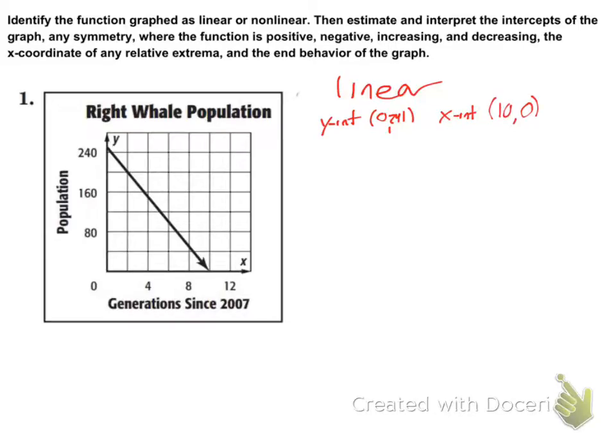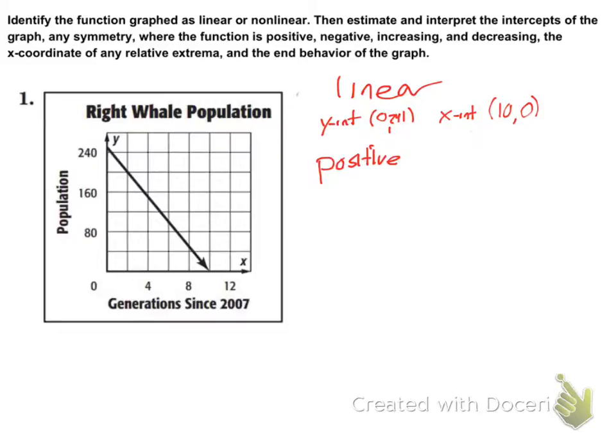Where is the function positive? So, I might want to list that, positive. Everywhere? I don't know if I could say that. Or the negative. Oh, there's an arrow, guys. I'm assuming this graph goes down forever.